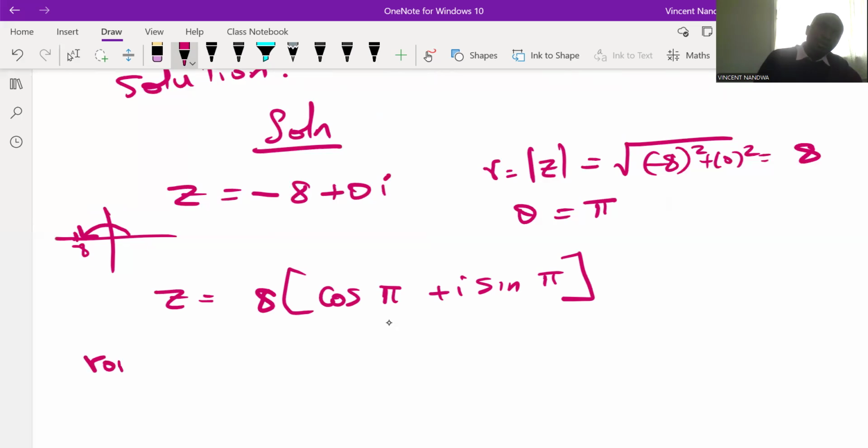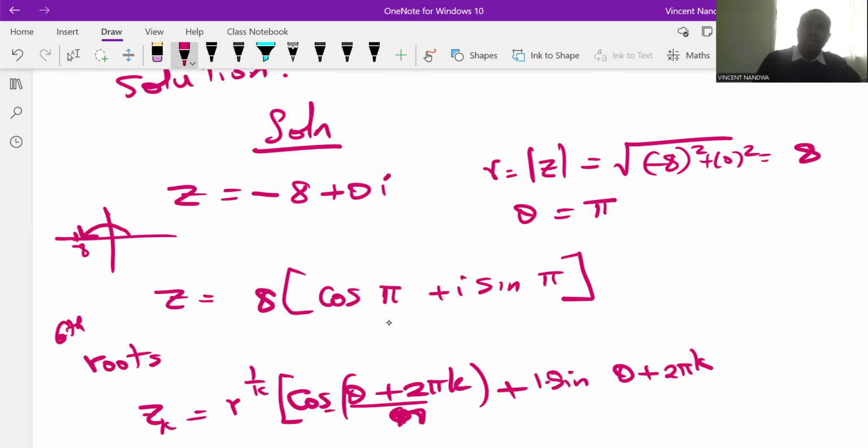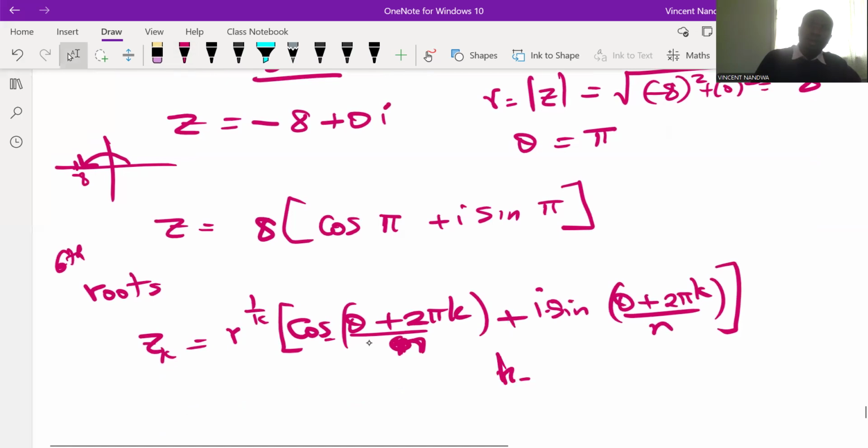So the 6 roots will have z_k is r to the power 1 over n times cosine of (theta plus 2 pi k) over n plus i sine of (theta plus 2 pi k) over n, where n is 6, and k should run from 0, 1, 2, all the way up to 5.